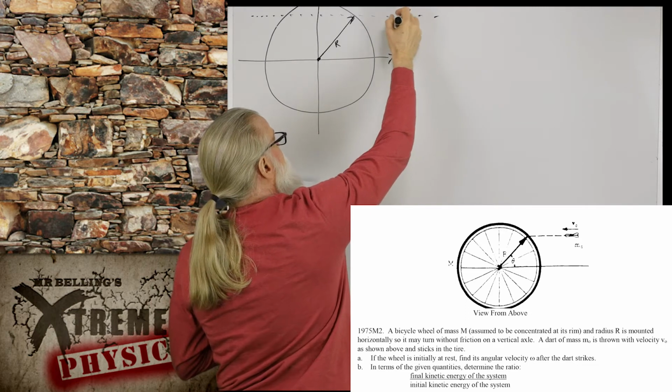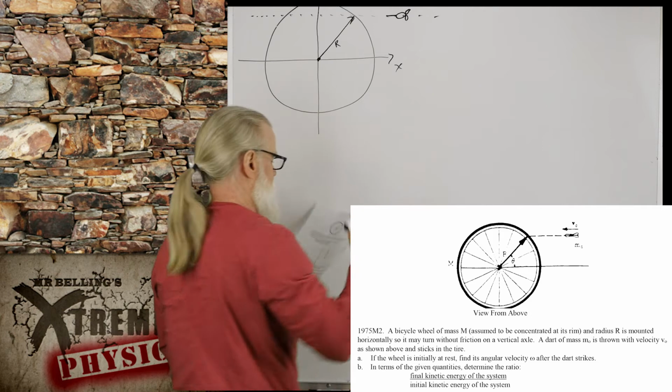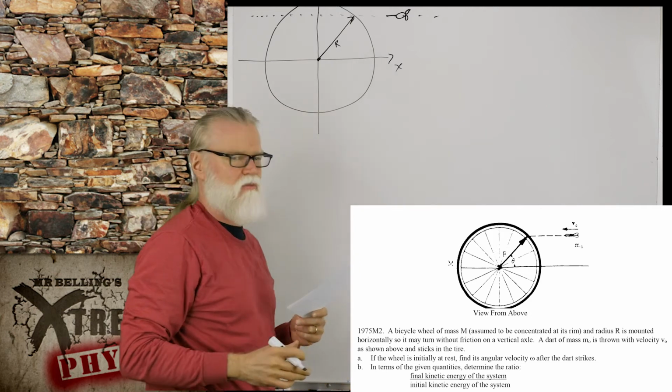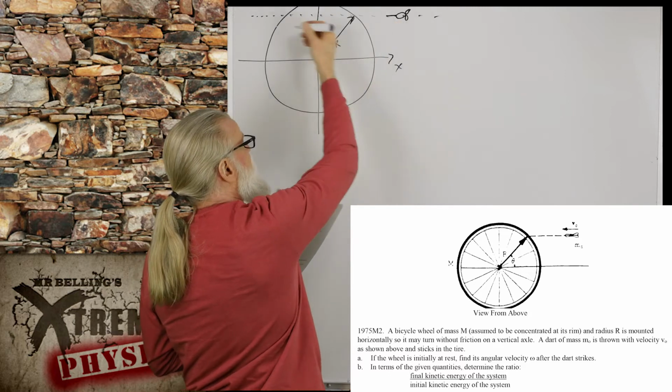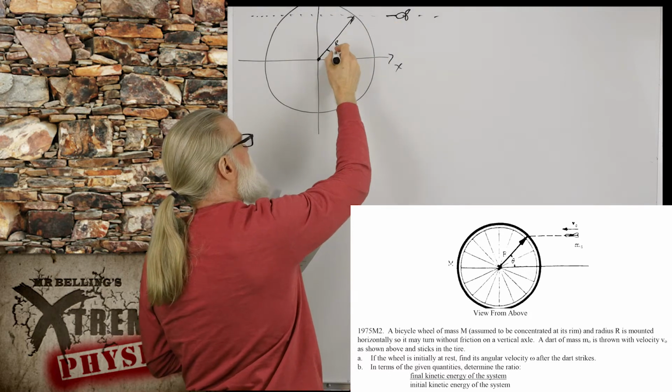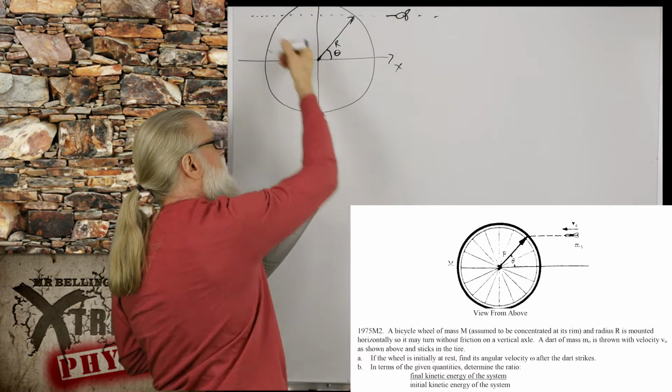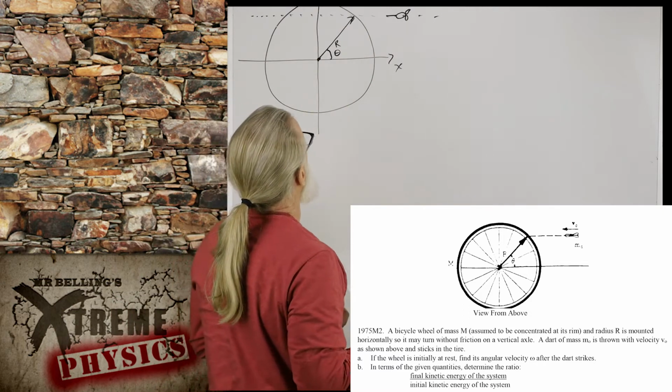So we have this dart, and it's coming in, and they said viewed from above. This is a top view. It's flying straight; it might be dropping, but it's flying straight along this plane. So there we go.